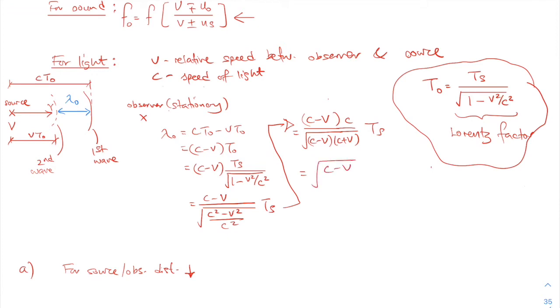So this actually gives me this expression, c times ts. So this is the observed wavelength.